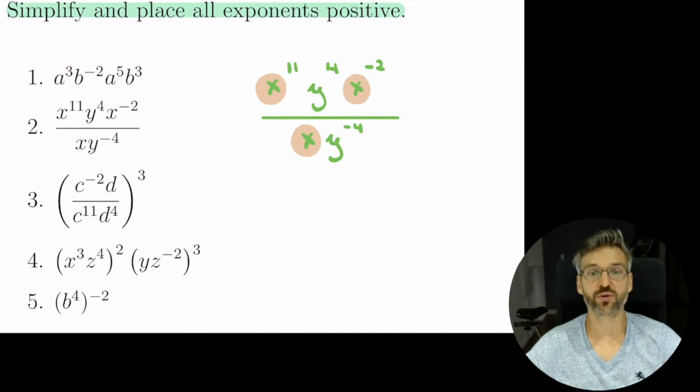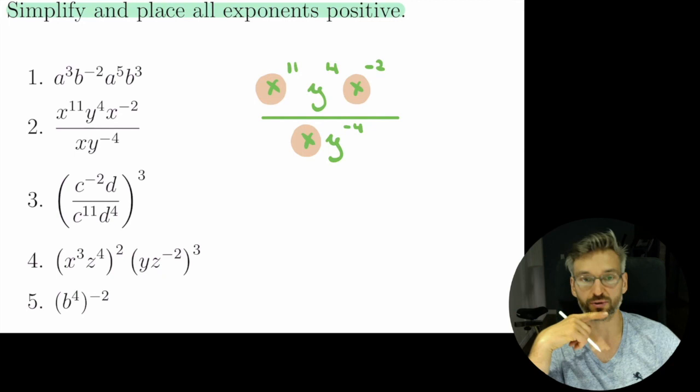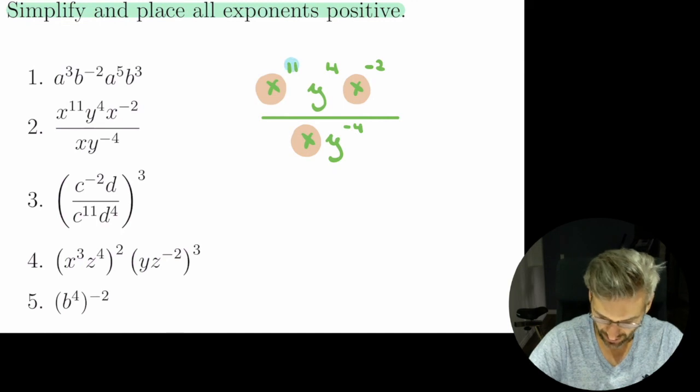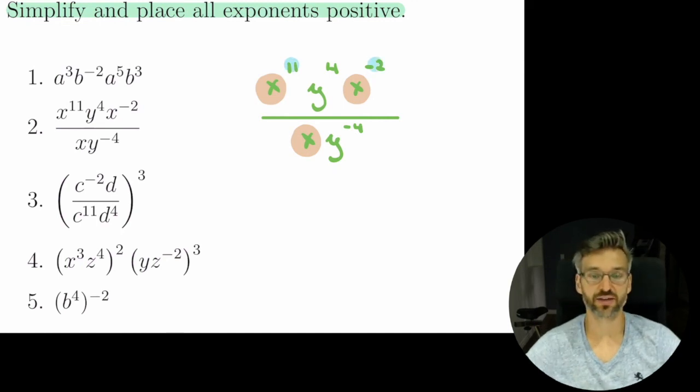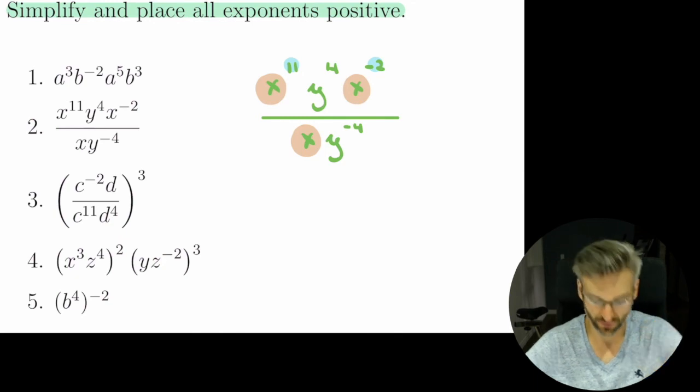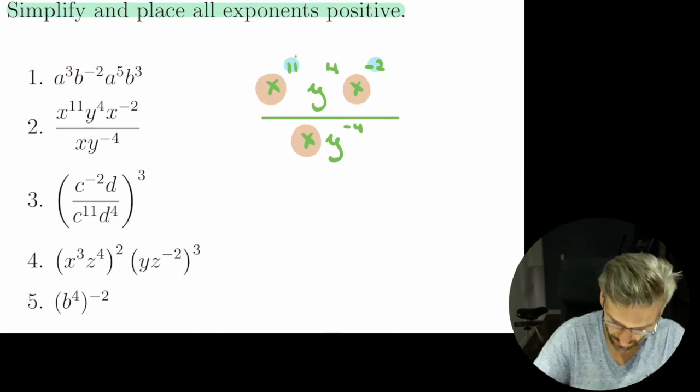Once you know that you have the same base, you know that in multiplication, so in the numerator in this case, we can take this 11 plus minus 2. Now, 11 plus minus 2 is actually 9, right? So from here and here, this will be 9.